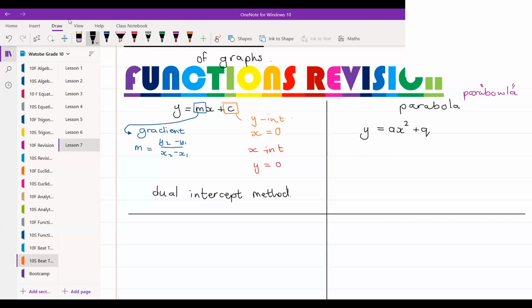And if my a is positive, then my graph is a smiley face, and I have to draw in my little eyes. There we go, it's a smiley face. And if my a is negative, then it's going to be a sad face.